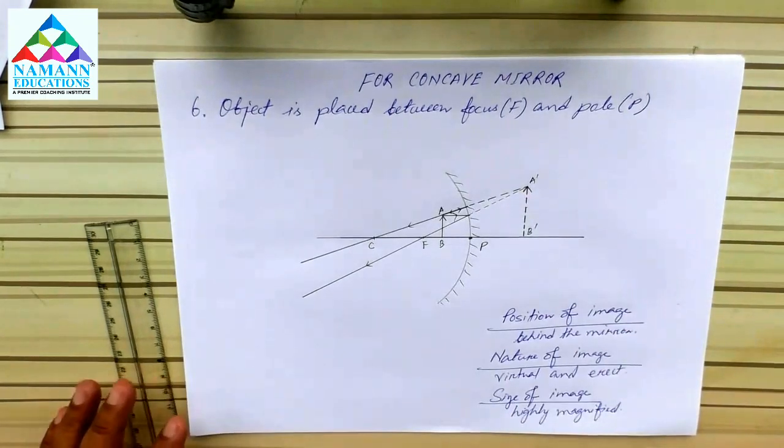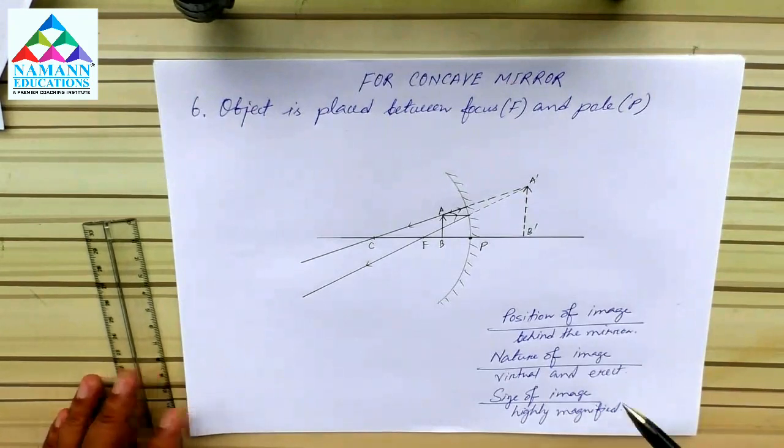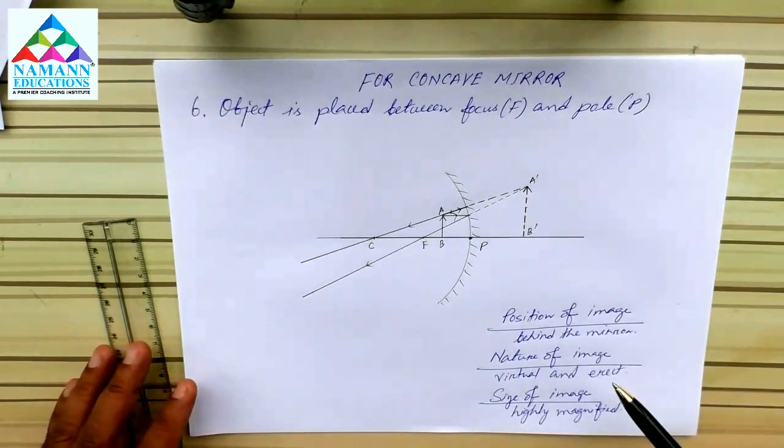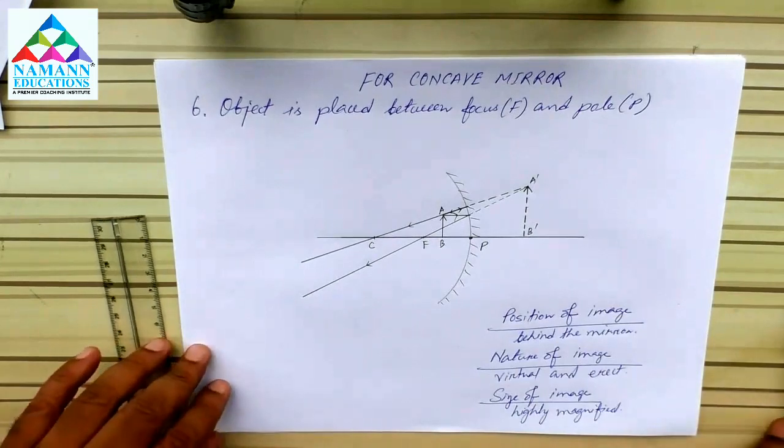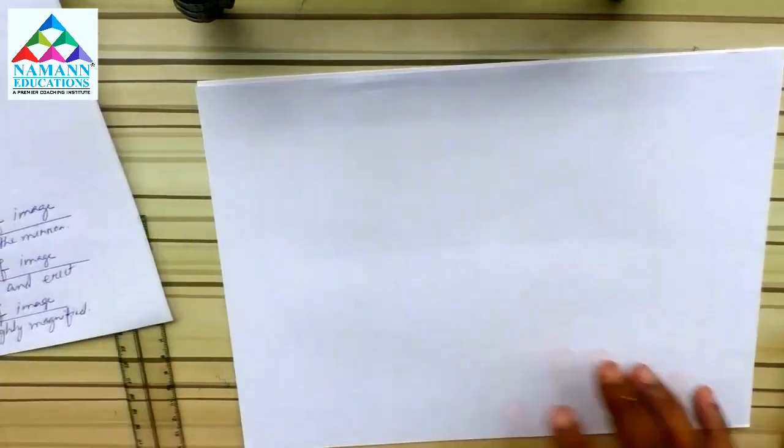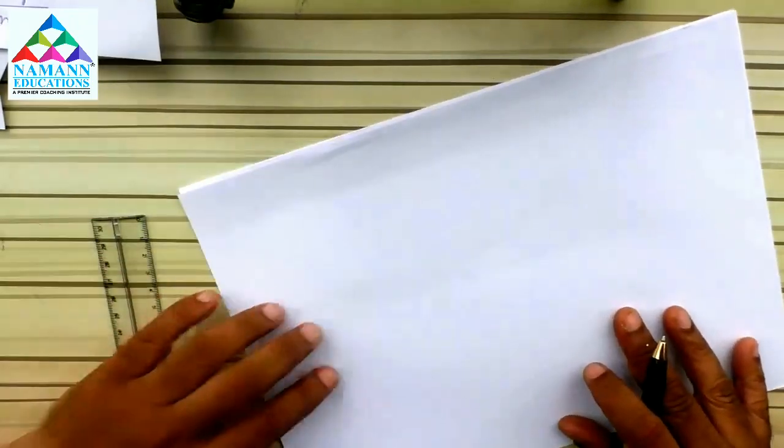But we can also draw the same diagram in another way. The 6th one, where we know the position of object.